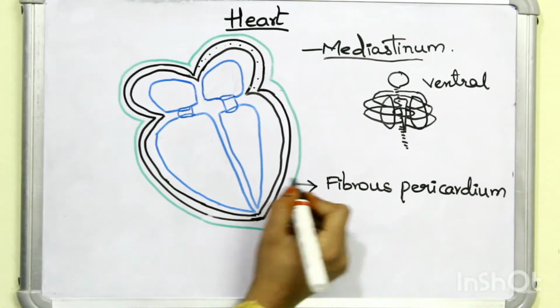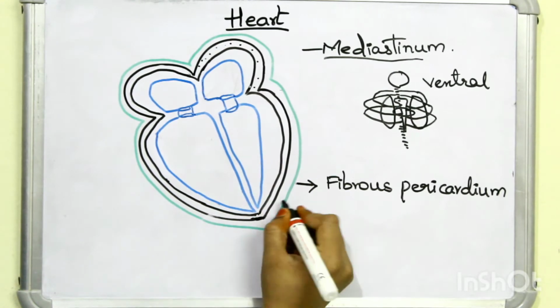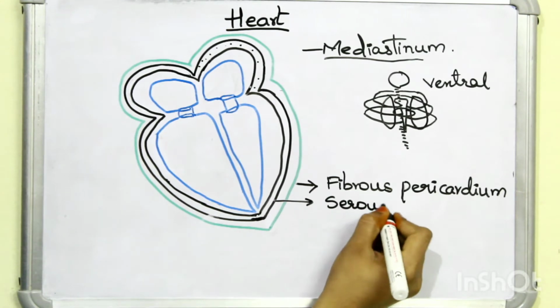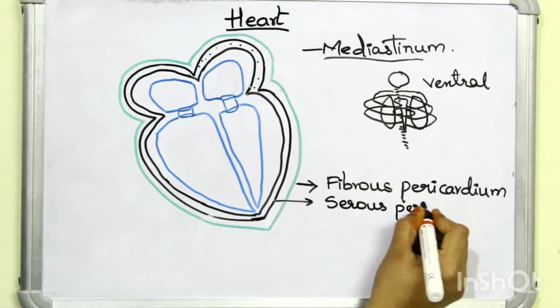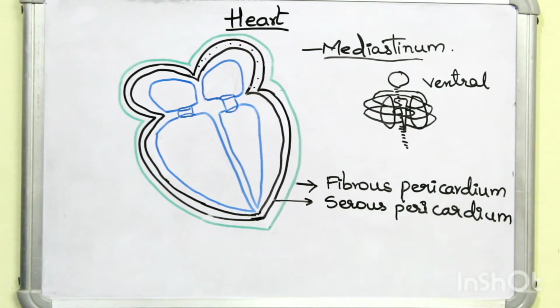Inner to this fibrous pericardium, we have another layer, the serous pericardium. This serous pericardium has 2 different layers.